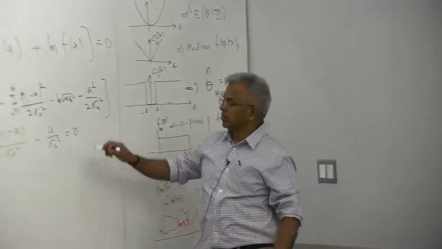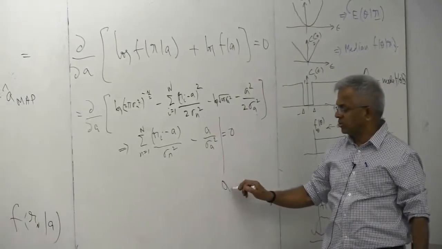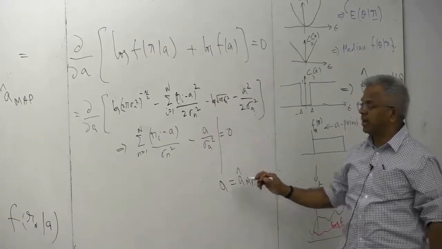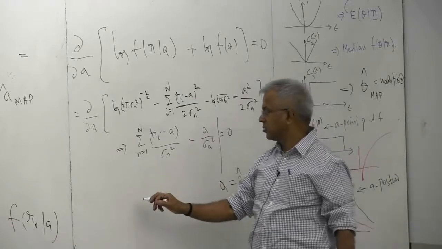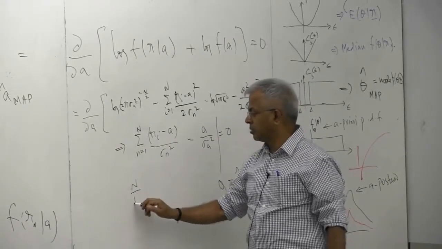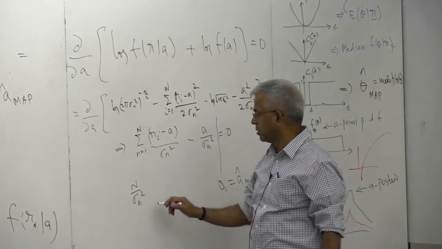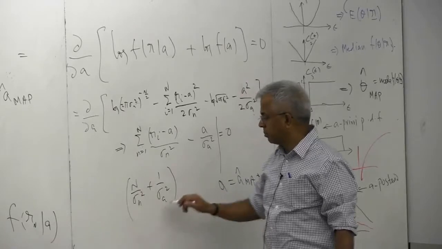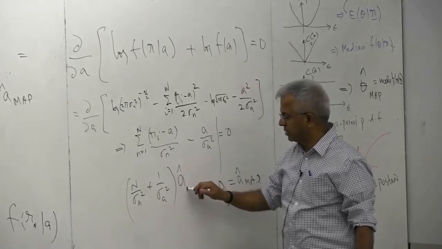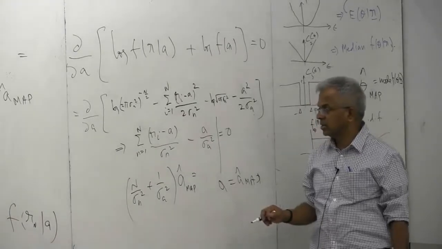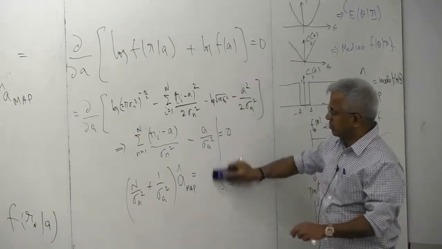Now remember, before you equate to 0, you put A equal to A hat MAP. So solve for A. So this gives you what? n over sigma n squared plus 1 over sigma A squared, multiplied by A, I'm going to replace it as A hat MAP and take everything else to the other side. What do you get?